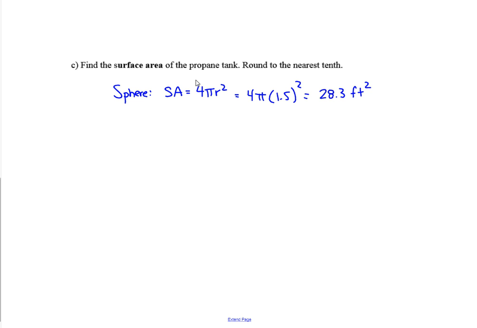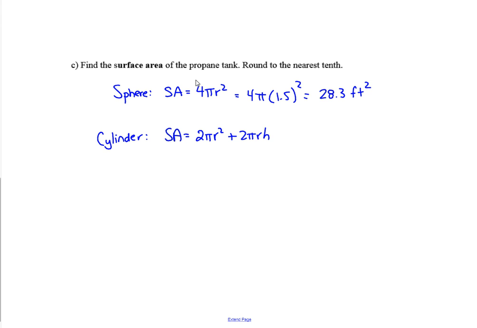Now, let's talk about the cylinder. The surface area formula for a cylinder is, I know this, pi r 2. There's two. 2 pi r squared plus 2 pi r h.